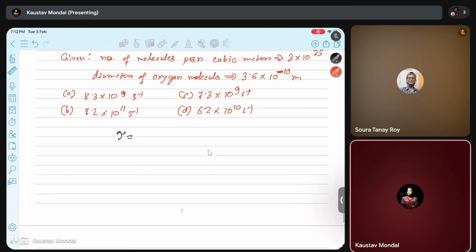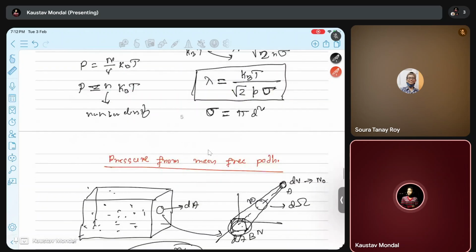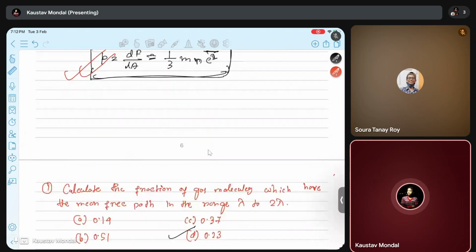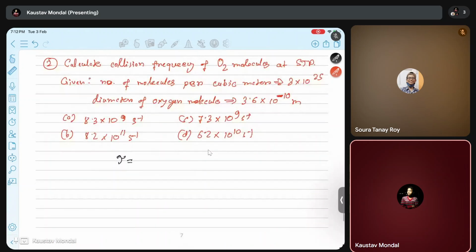So that means it would be c bar by lambda. You can write it as f, 1 by tau.